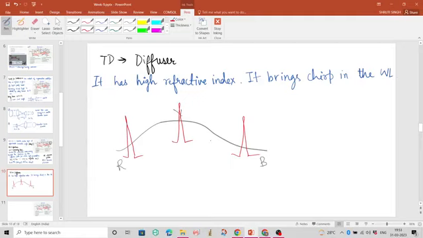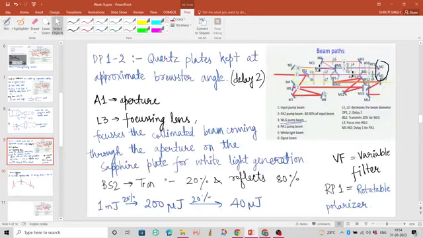So if these wavelengths have different time delays because they are chirped, it is easier to do this amplification. That's why we bring chirp.